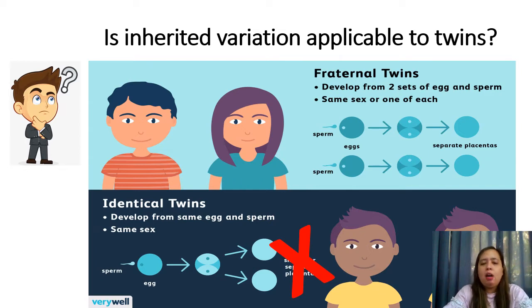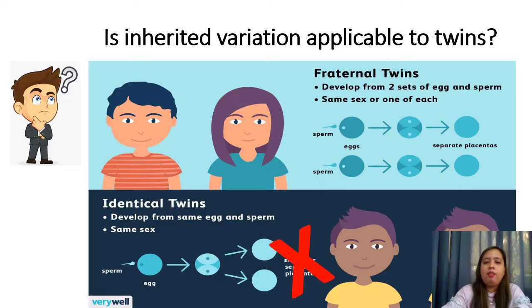That is, kung may fraternal ka, may identical ka, no? Why? Because they came from one fertilized egg and then they separate into two embryos, developing embryos. Technically, they do not have most of the inherited variation.